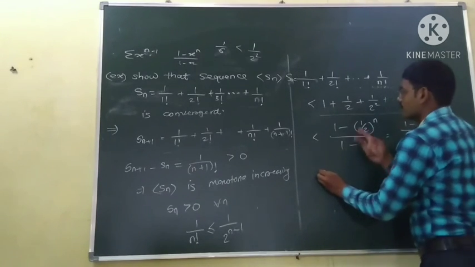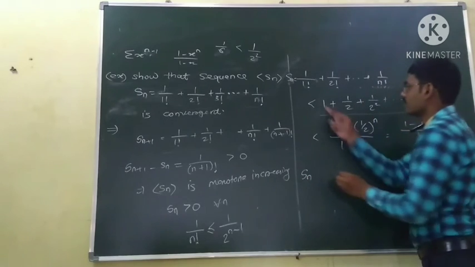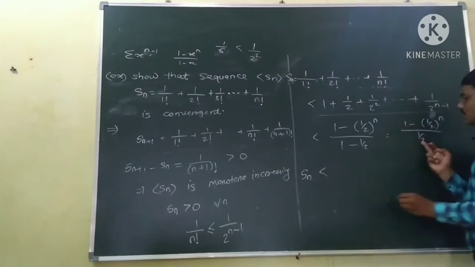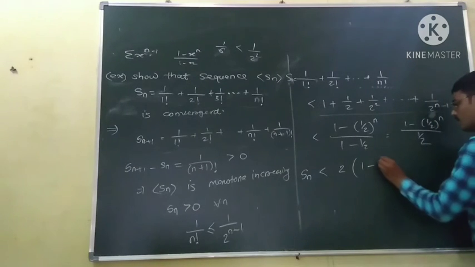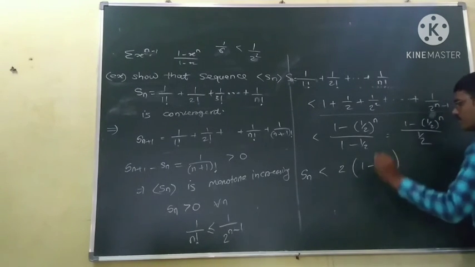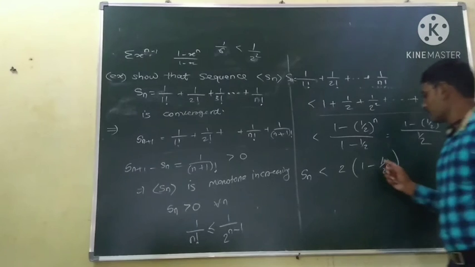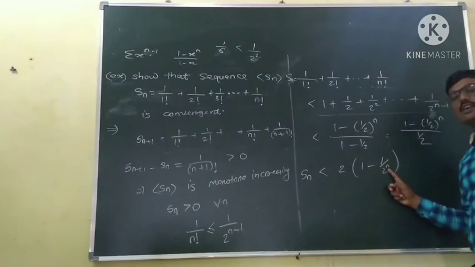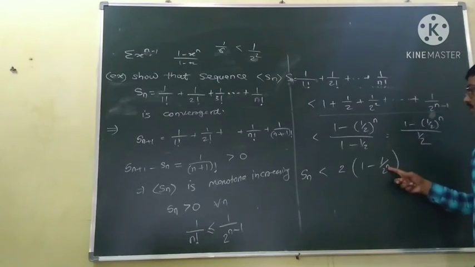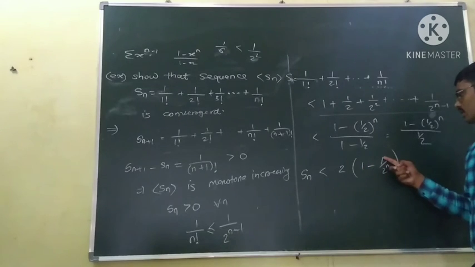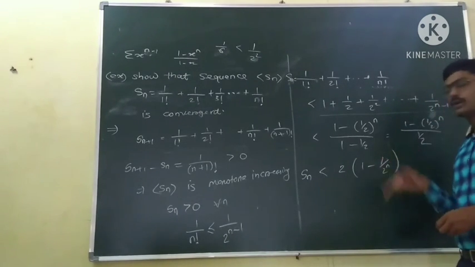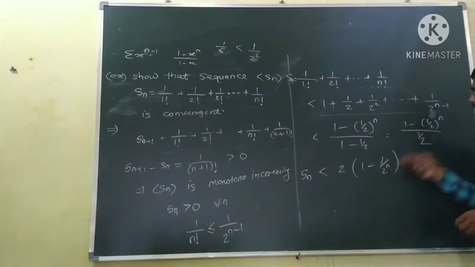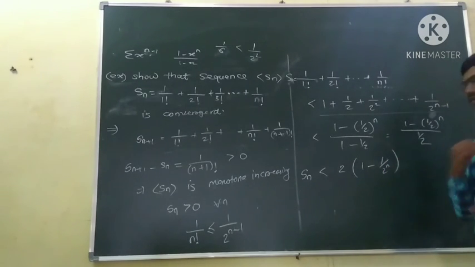So this sequence Sn is less than 2 into 1 minus 1 upon 2 raised to power n. Now, if we put n is equal to 1, 1 minus 1 by 2 becomes 1 by 2, and 2 into 1 by 2 is 1, so less than 2. You go on putting values of n.